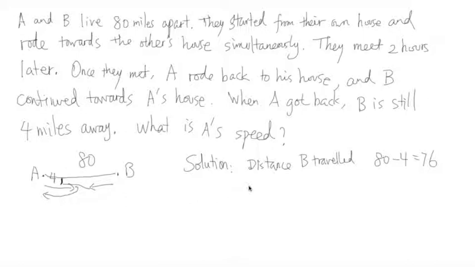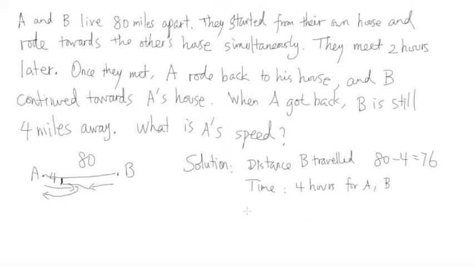Well, in fact, we do, because when A turns back to get home, A goes here, it takes 2 hours, and when he goes back, of course, it also takes 2 hours because it's the same distance. So here, actually, you know the amount of time they travel. Time is 4 hours for A, and the same for B because they travel the same amount of time.